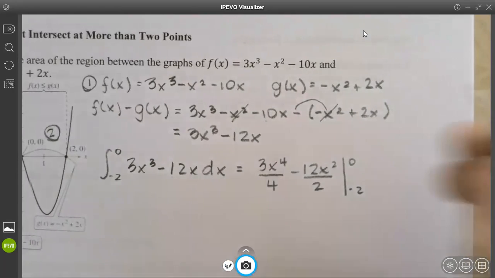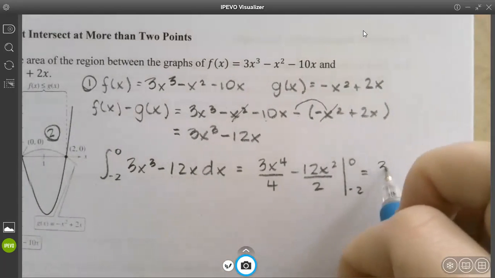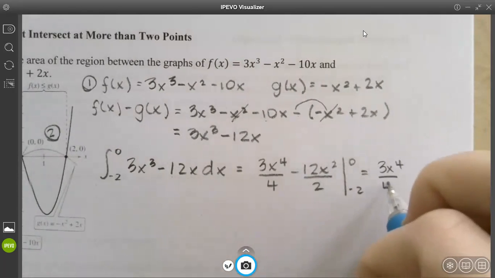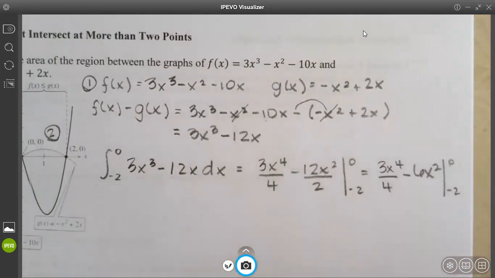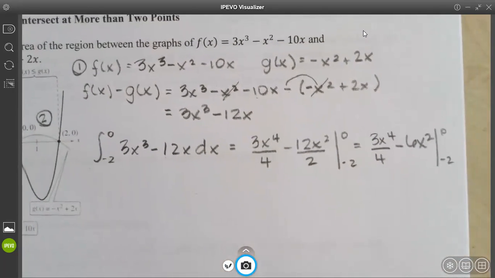All right, I'm going to go ahead and simplify: 3x to the fourth over 4 minus 6x squared from -2 to 0. How do I find out the area?